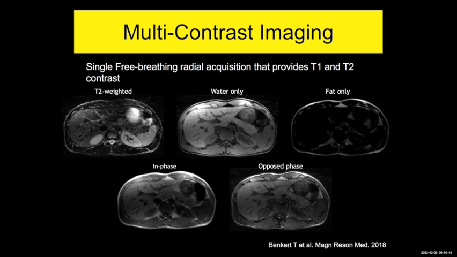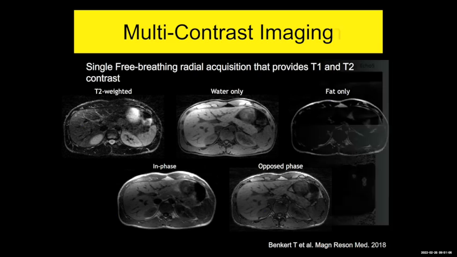And the idea here is that during the recovery for T2 signal, we have a T1 module that we incorporate into a single acquisition. And we're able to get T2 weighted imaging and our Dixon T1 weighted imaging that provides in-phase images, opposed-phase images, and water-only or T1 fat-sat images. And this basically constitutes our non-contrast imaging of the abdomen.